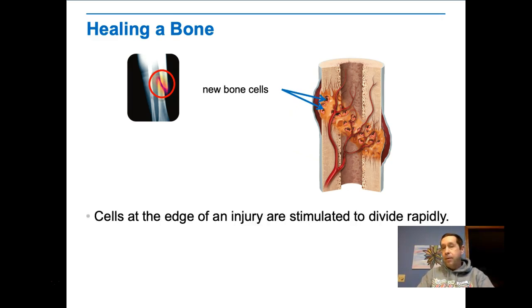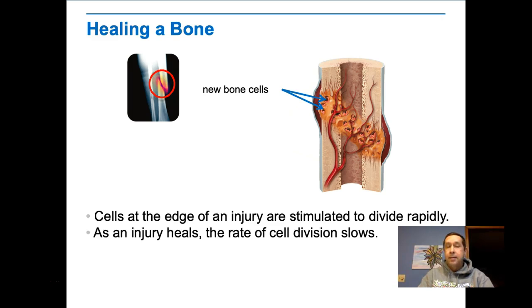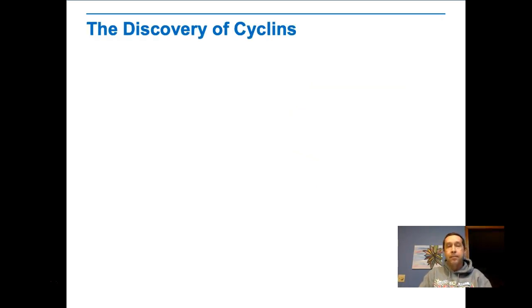The cells at the edge of an injury are stimulated, and they start dividing rapidly to replace those damaged cells. As the injury heals, the cell division rate begins to drop, cell division slows down, and things go back to normal.